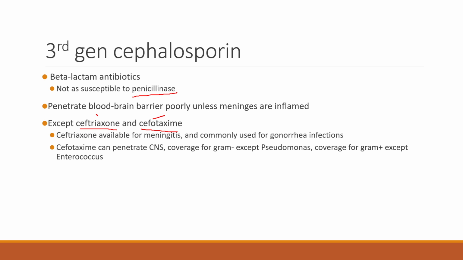They can pass through. Even though it is known that other third gen ones cannot pass through, when there's inflammation and the barrier is being damaged, they can pass through. But this is not the situation we love to see, just for your information.